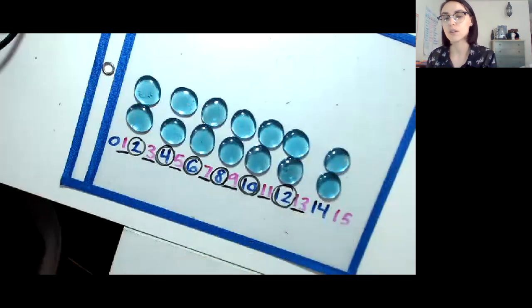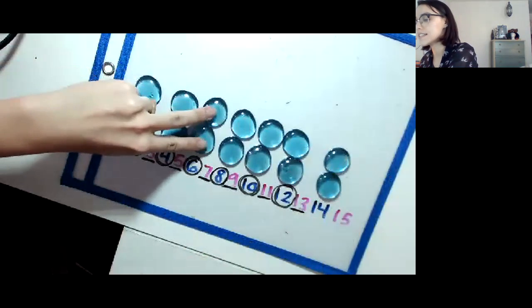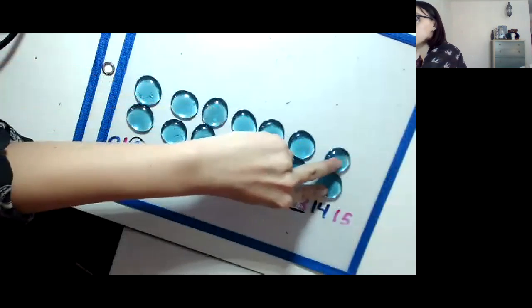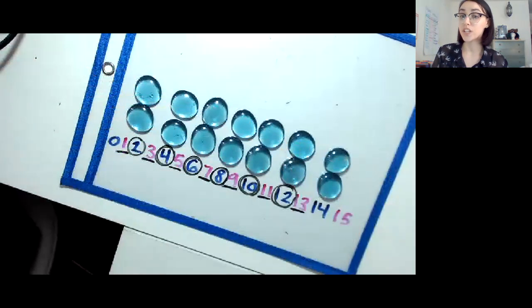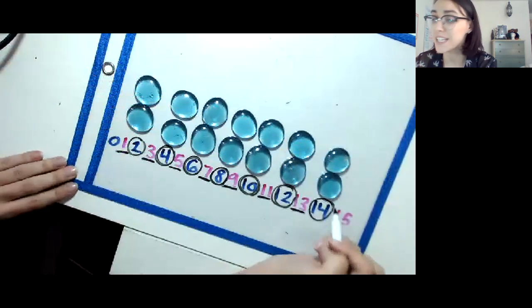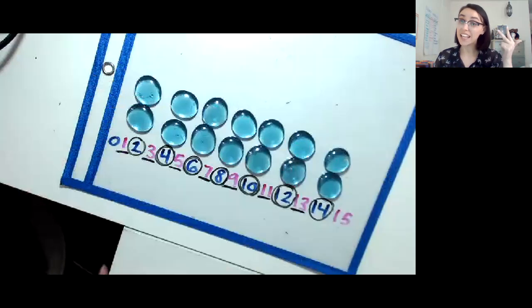We also can count by twos. 2, 4, 6, 8, 10, 12, 14. All right, we just proved that 14 is an even number because we saw that each counter had a partner or a pair. We saw that it was a doubles fact, and we could count by twos.